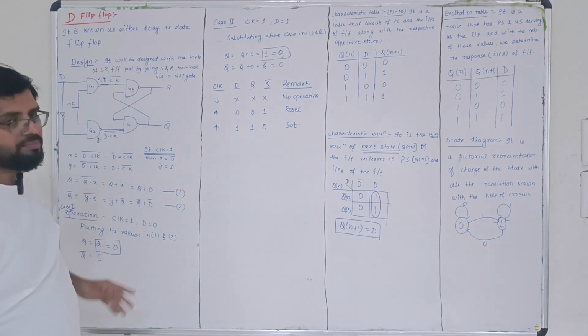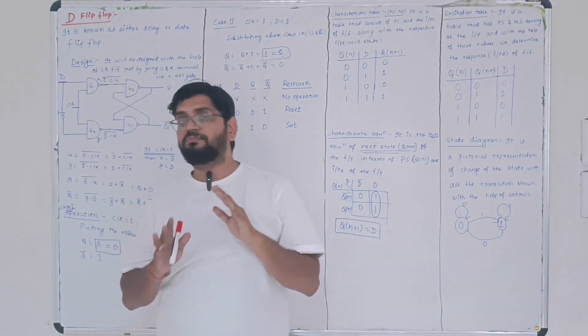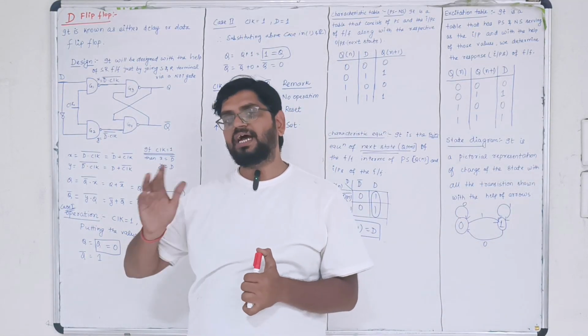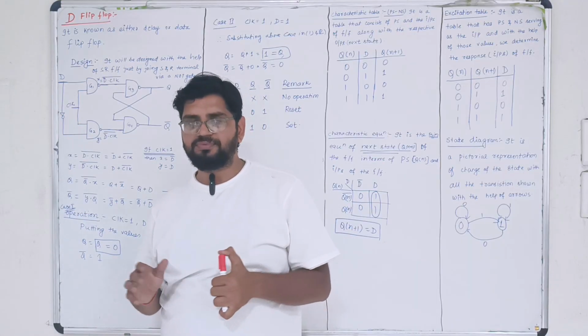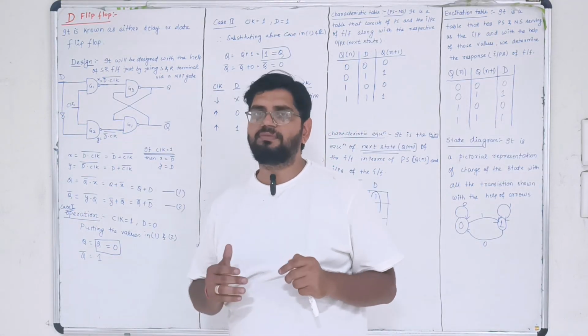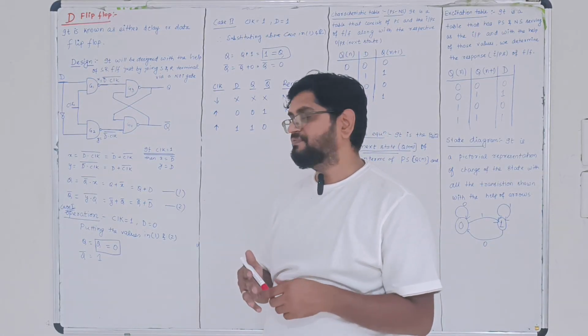Now coming to the design process, I told you in the last video that SR flip-flop is the most important flip-flop that decides the design of the other flip-flops. So once you know SR flip-flop, using it we'll be able to design D flip-flop. How to go for D flip-flop using SR flip-flop?